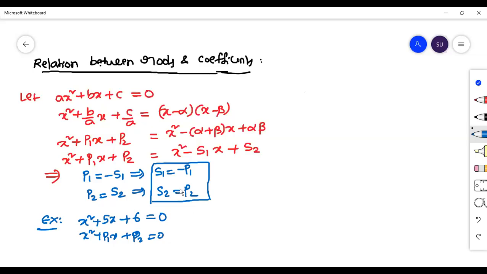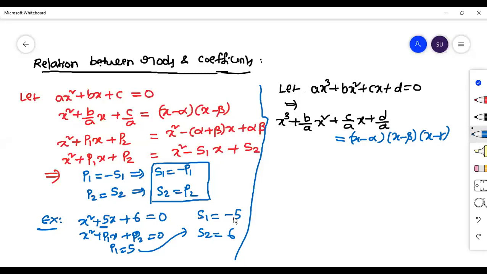S1 is alpha plus beta, so directly I can write it as minus P1. P1 is equal to 5, but we need minus P1, that is minus 5. S2 is simply 6. S1 is equal to minus 5. S2 is equal to 6.